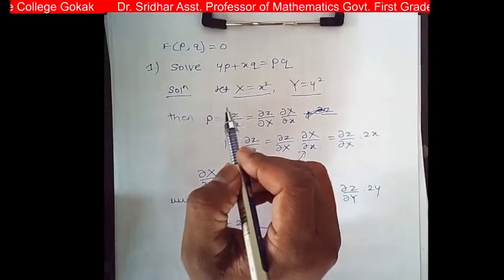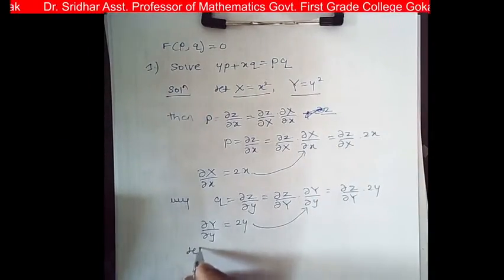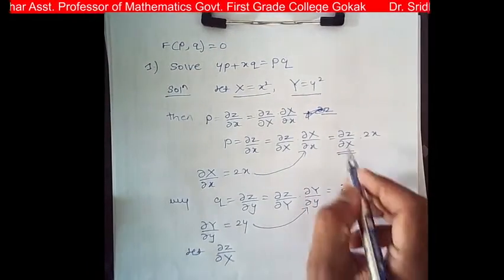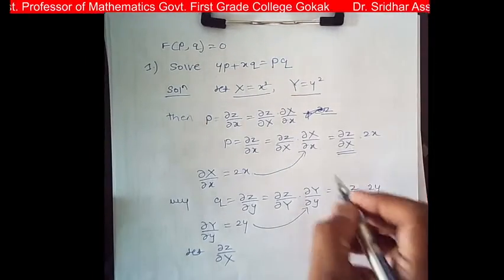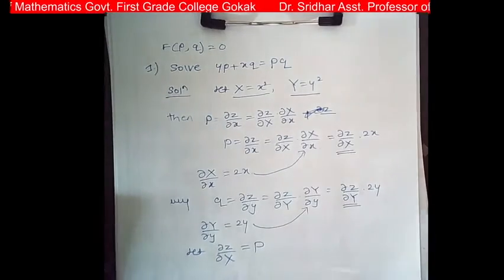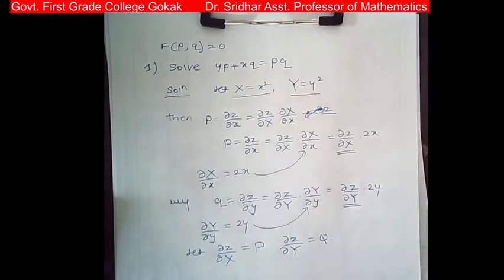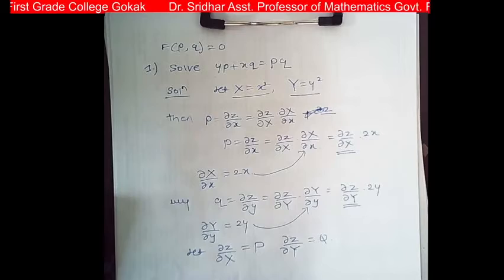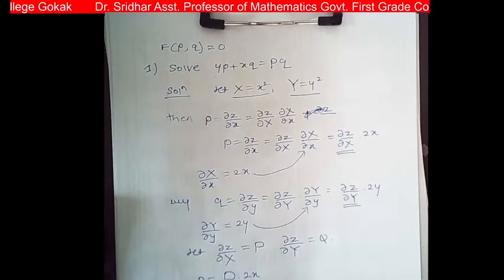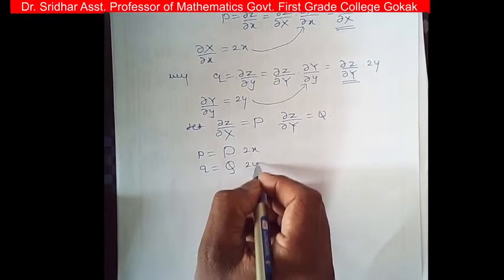Let us denote dou z by dou capital X by capital P, and similarly dou z by dou capital Y by capital Q. So then small p is equal to capital P into 2x, and small q is equal to capital Q into 2y.